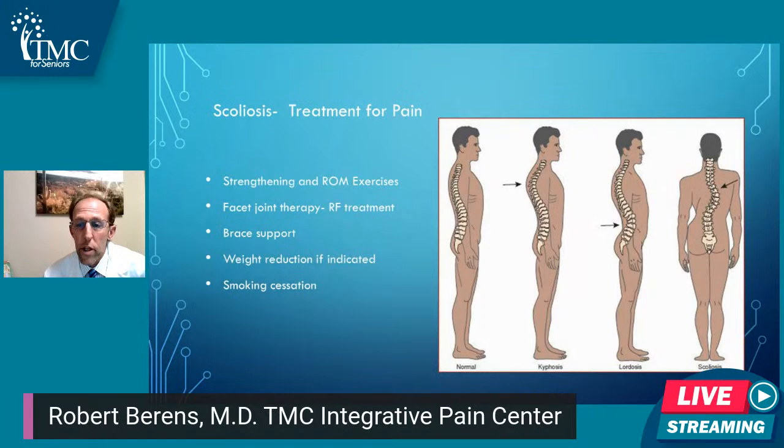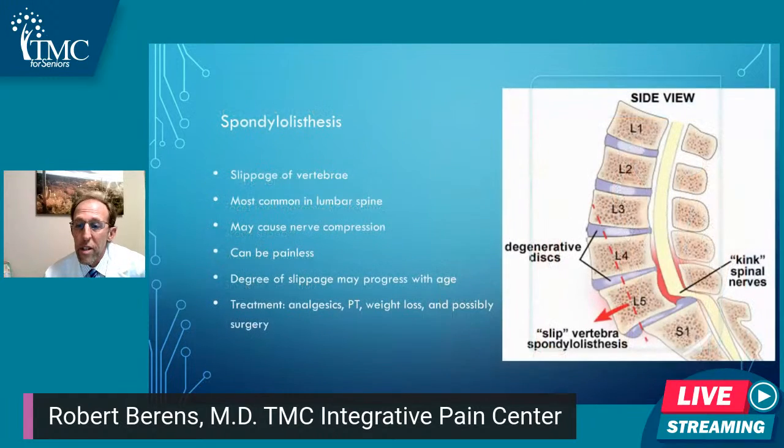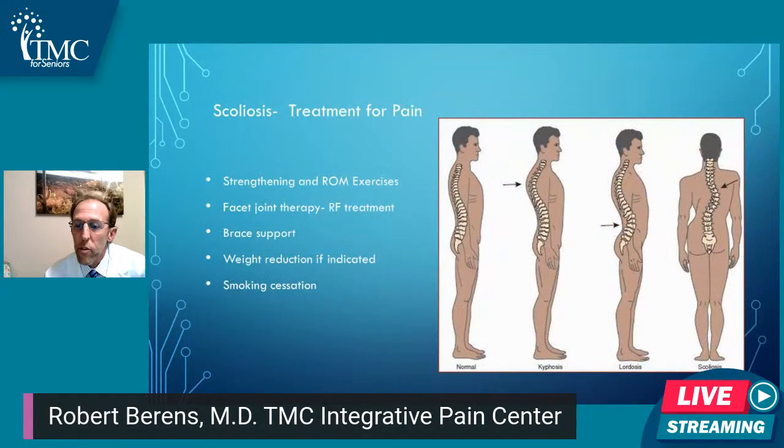So range of motion exercises, the radiofrequency option, again, is there available for some of these problems. Smoking cessation keeps working its way in there, as well as weight reduction and improving general fitness.